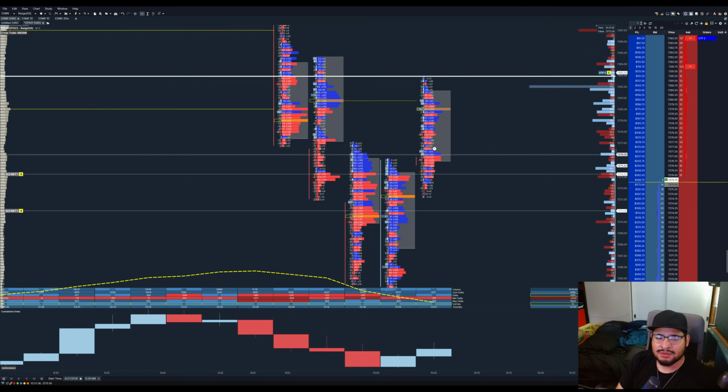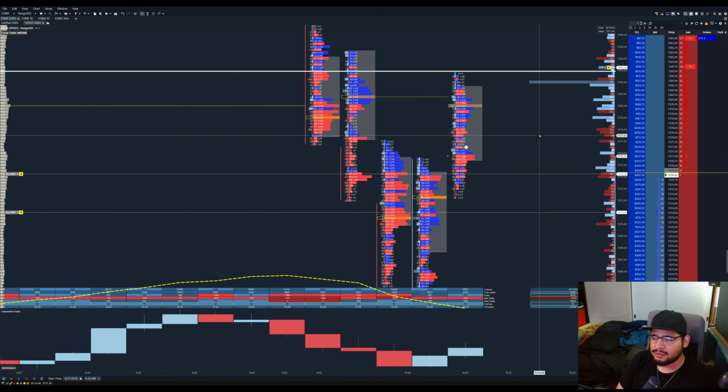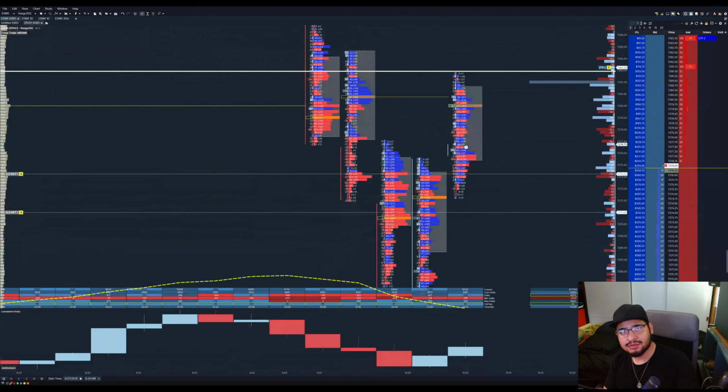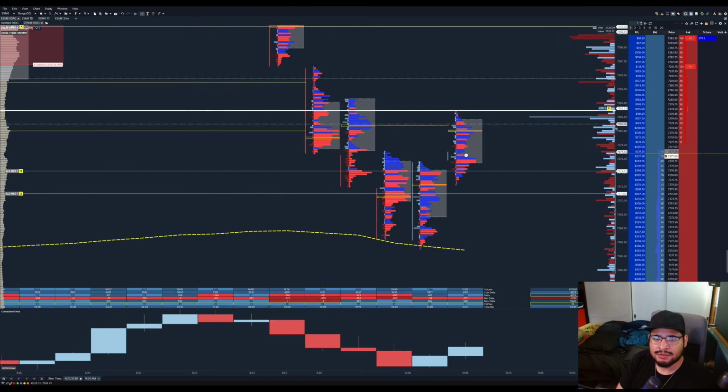So let's see if that was a good choice or not to add another one. We repair the single prints, and then the next 5-minute candle, we are not above it. So let's see how price reacts there.